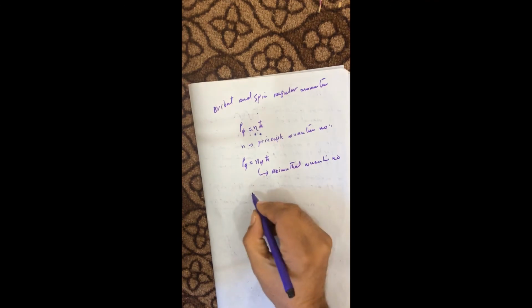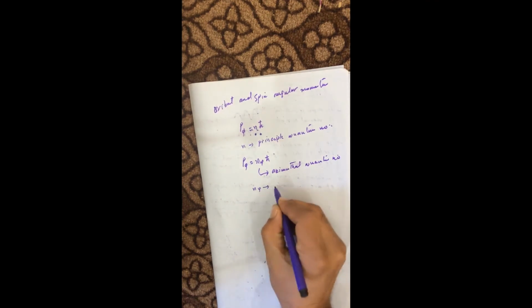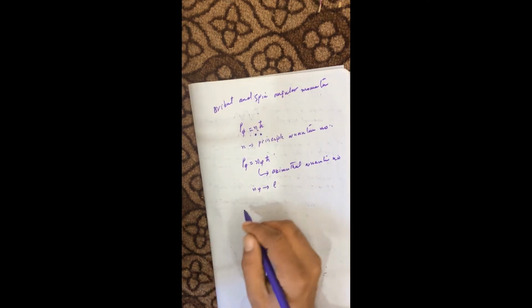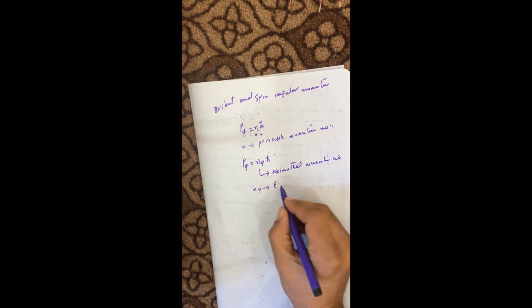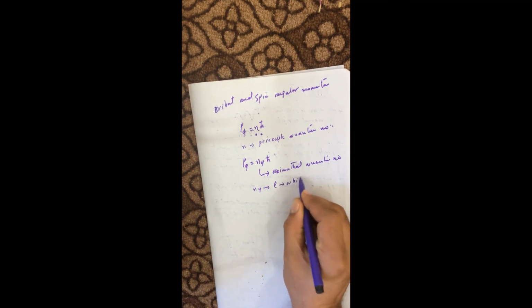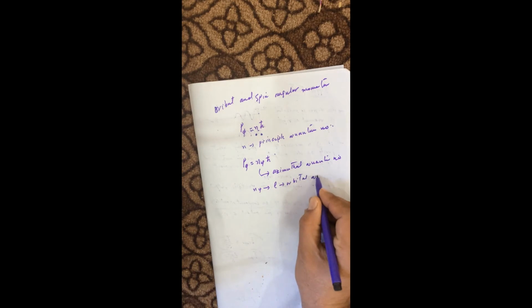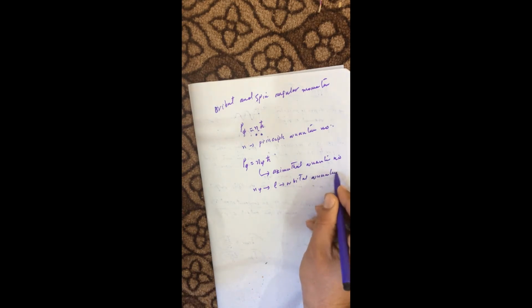Now, in the vector model, n of phi is replaced by L, where L is the orbital quantum number.